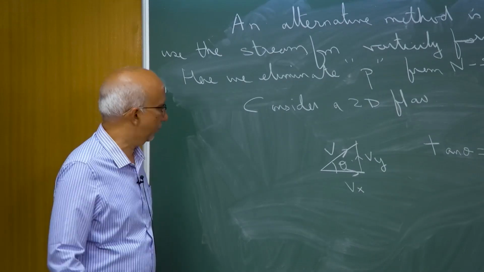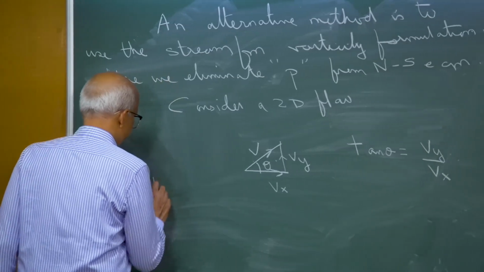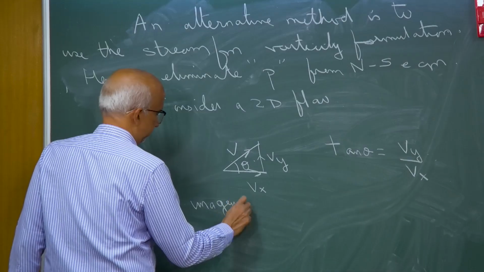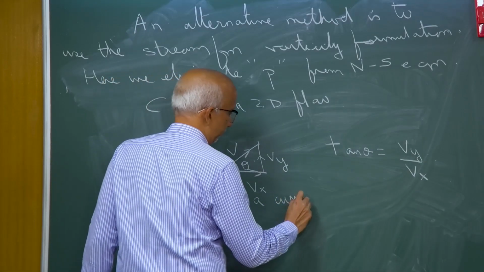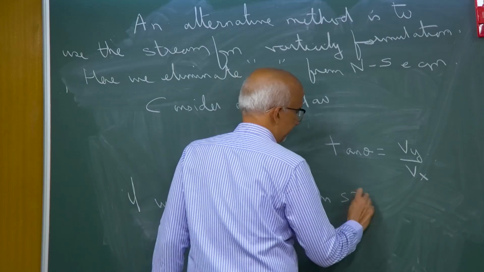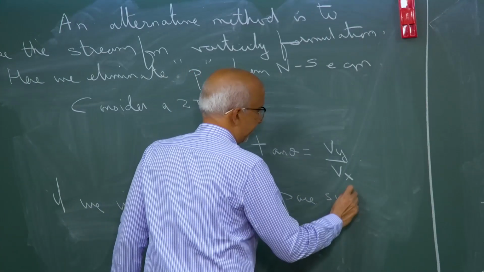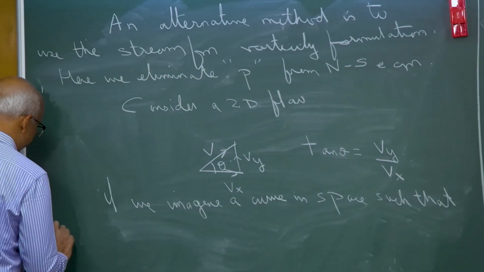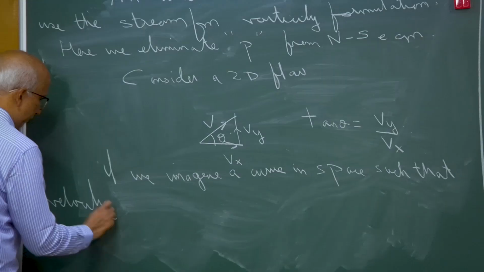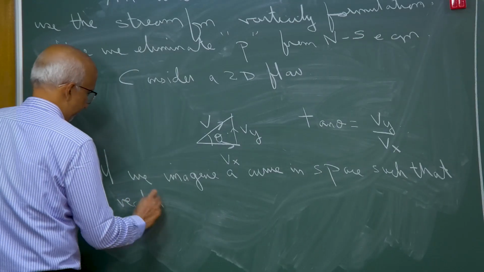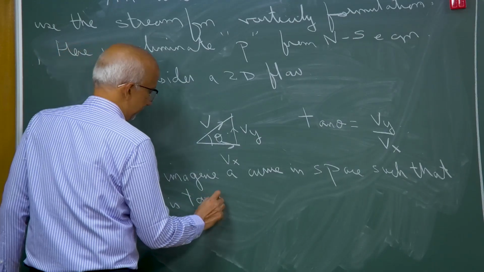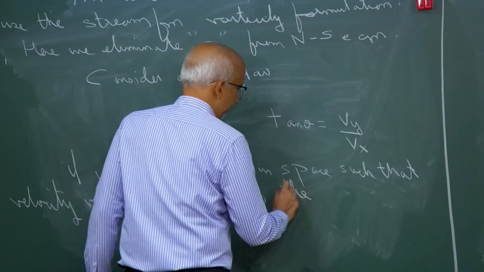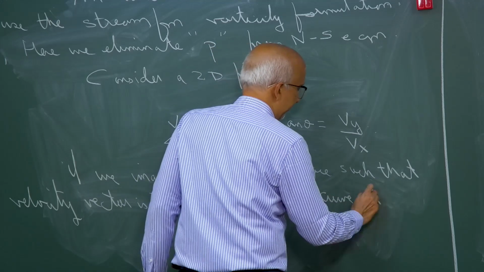Now, supposing we imagine a curve in space such that the velocity vector is tangential to the curve at every point.